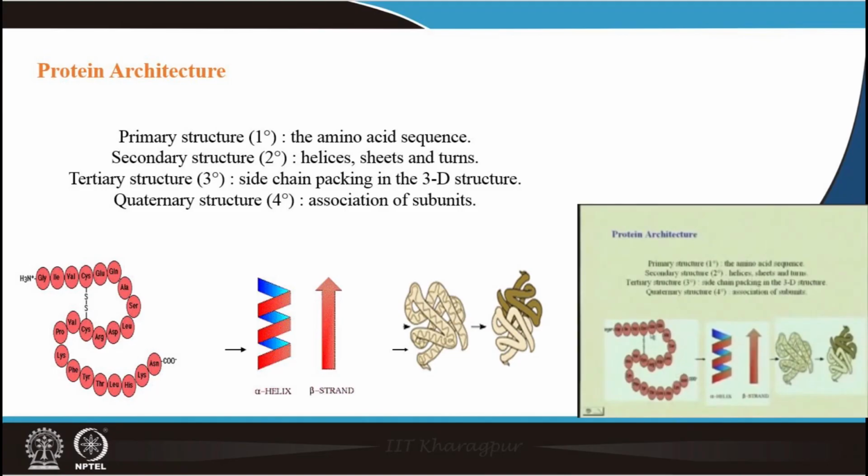Now, this sequence, you found out with the phi psi angles, can bend or be flexible in any direction. So you can have something that looks like this, a helix, because you can have it rotate. You have flexibility to the polypeptide chain, so the polypeptide chain can rotate and it can form what is called an alpha helix. It can also form what is called a beta strand. Okay?